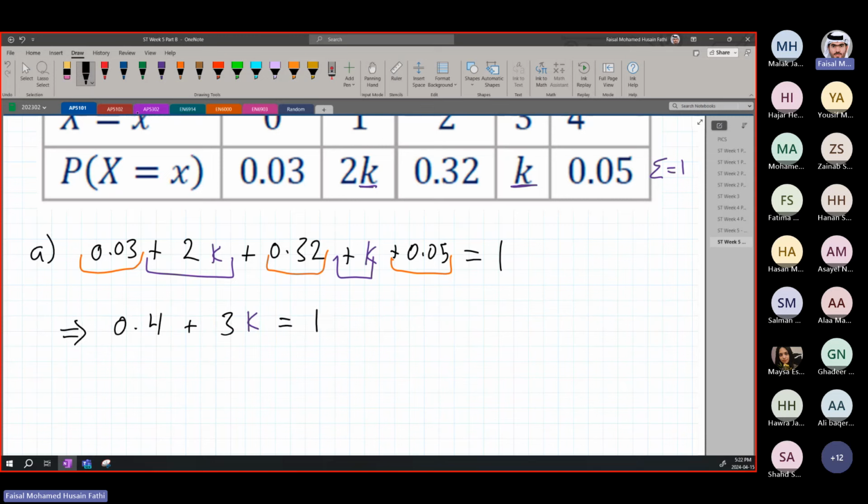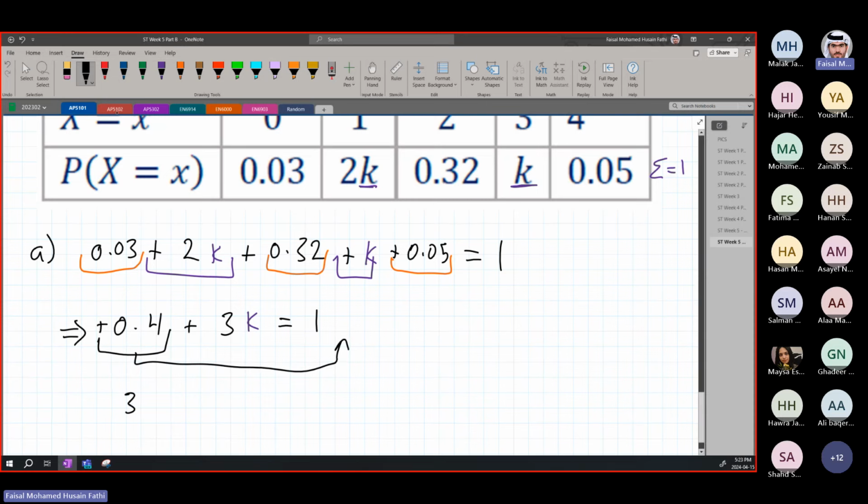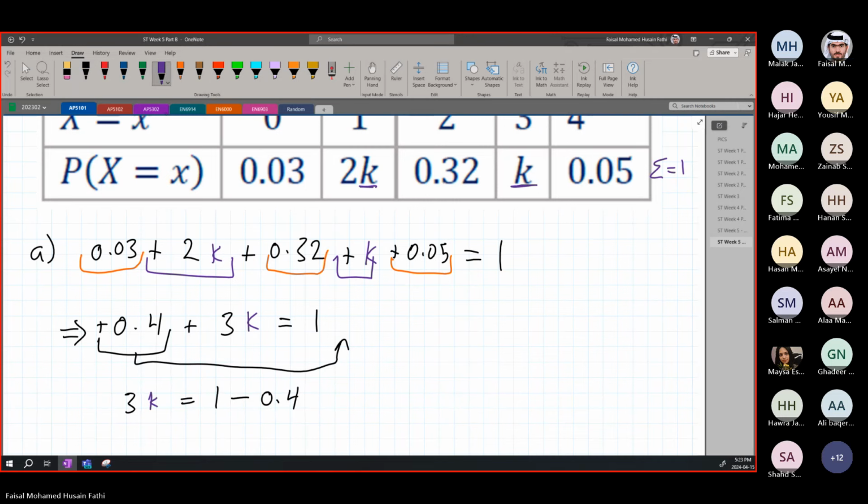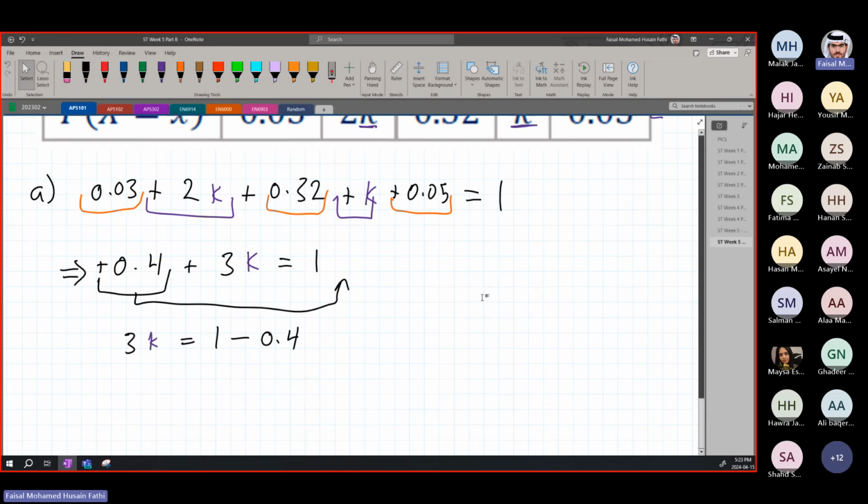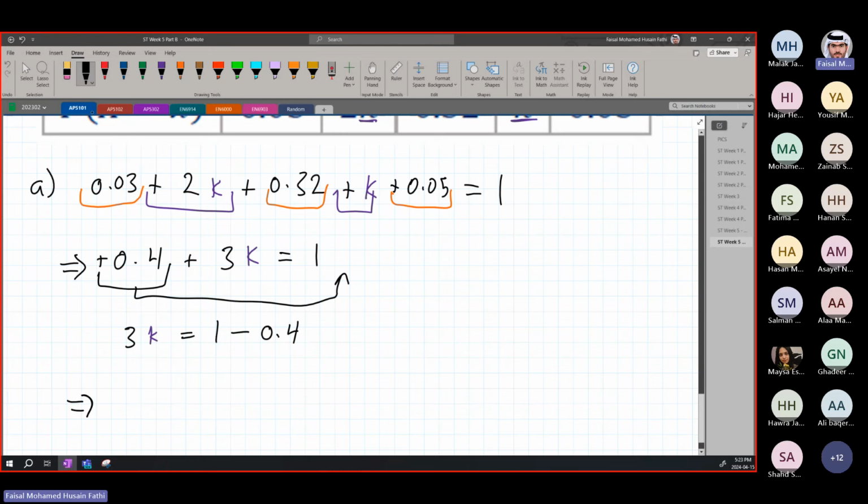And now we just solve for k. The first thing we do is take this 0.4 to the other side. Since it is positive over here, it becomes negative on the other side, so 3k equals 1 minus 0.4. All right, just some basic algebra. So 3k is equal to 0.6.